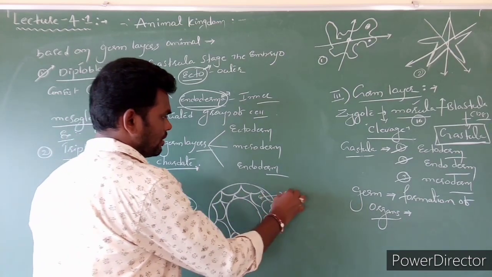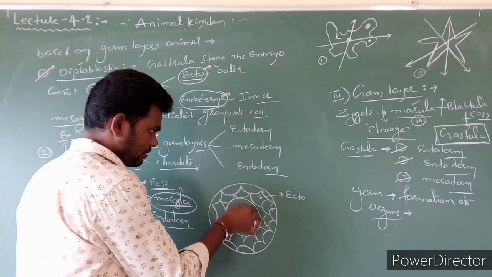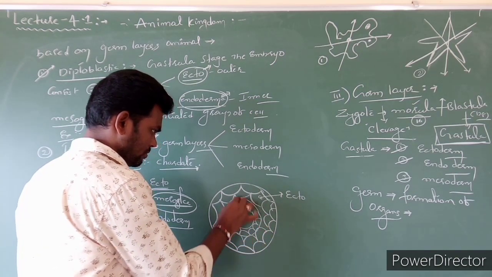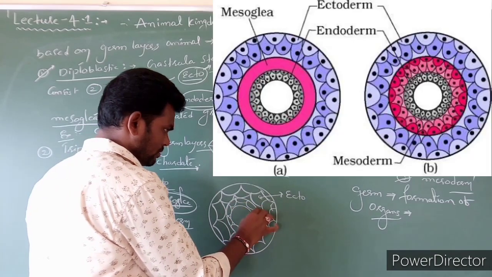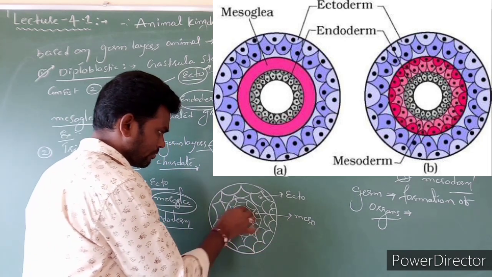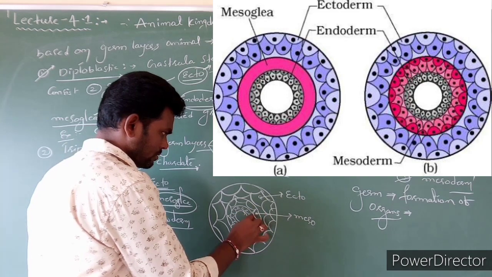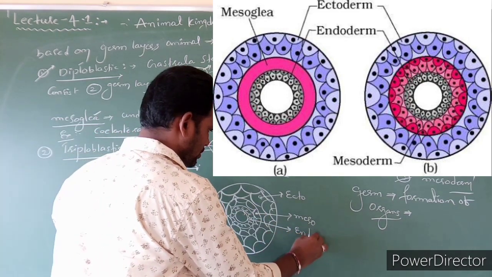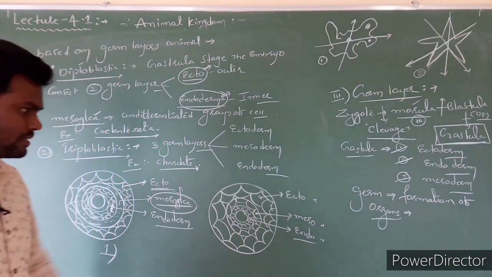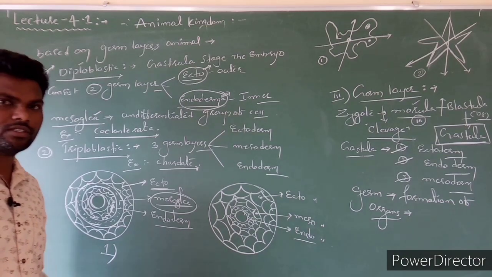So these are ecto, and here these are meso, and here these are endoderm layers. Chordates are just an example. So these are regarding germ layers.